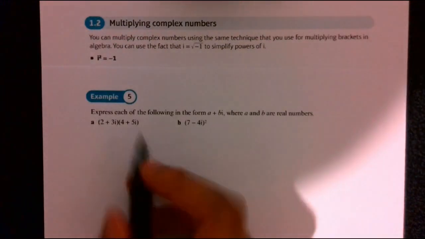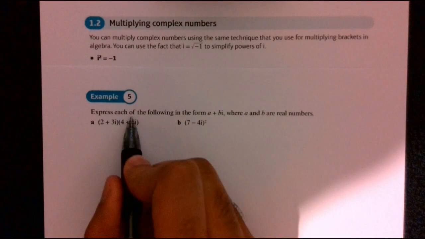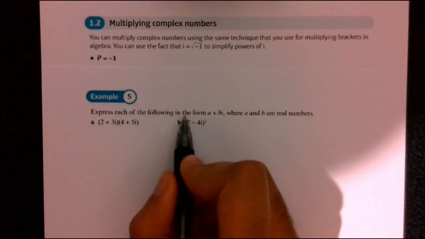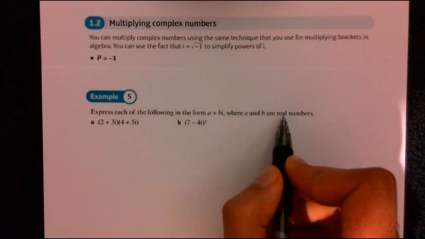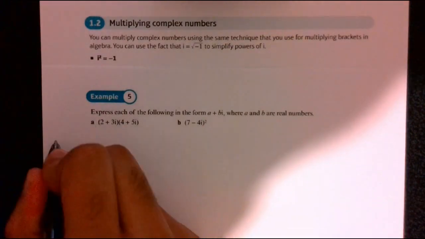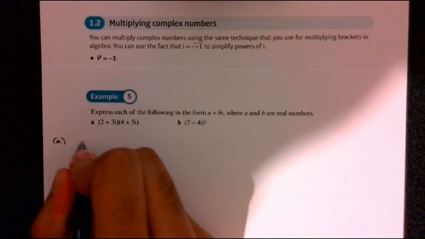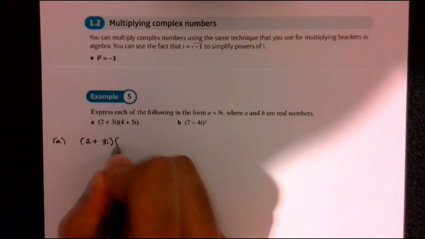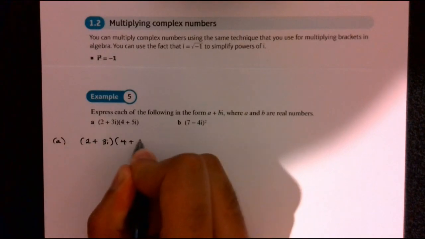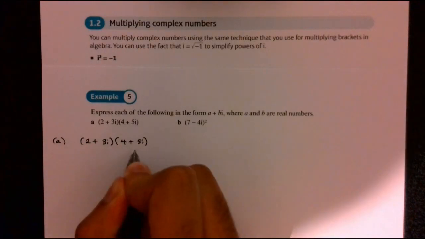Example number 5. We have to express each of the following in the form a plus bi, where a and b are real numbers. So for part A, we have 2 plus 3i multiplied by 4 plus 5i.